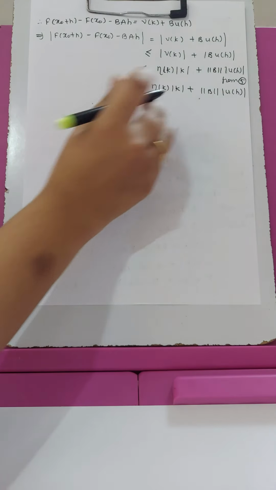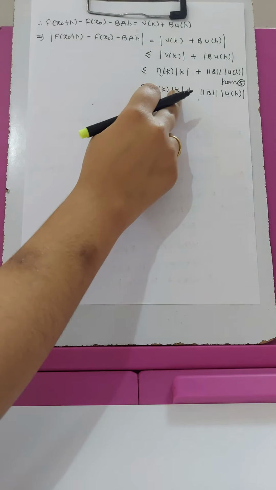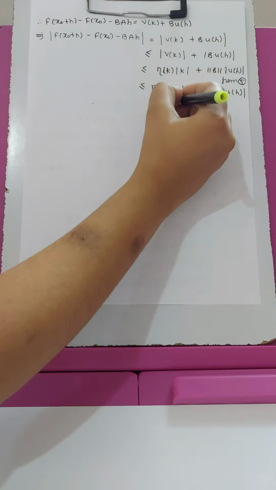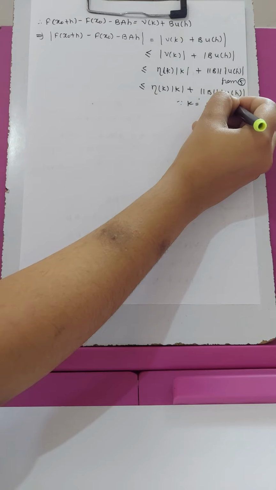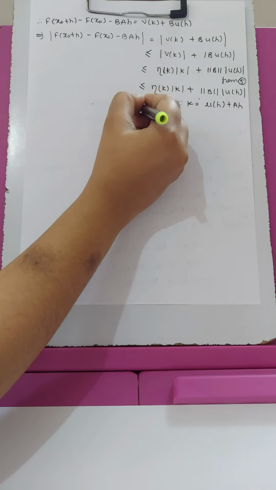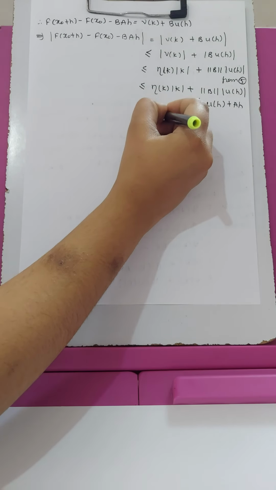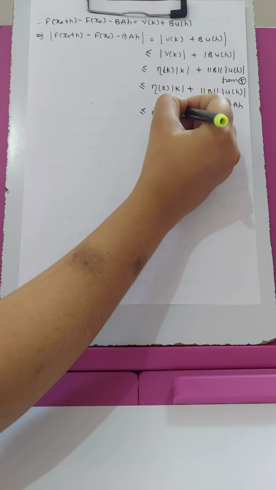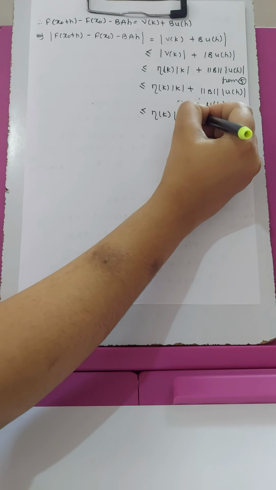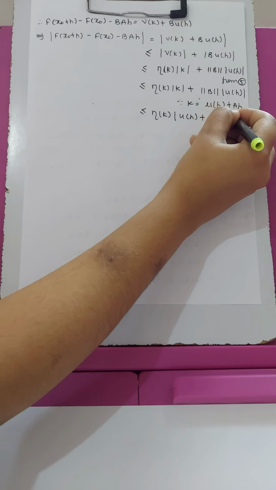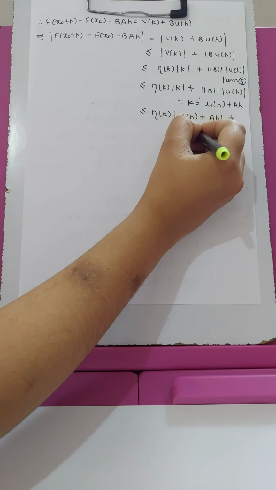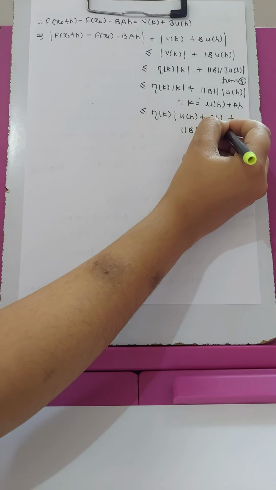We can put this k, since k is equal to u of h plus ah, therefore substituting this we get less than or equal to eta of k. In place of k we will have mod of u of h plus ah, plus norm of b in mod u of h.